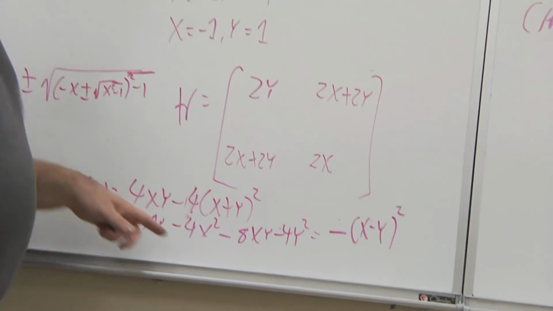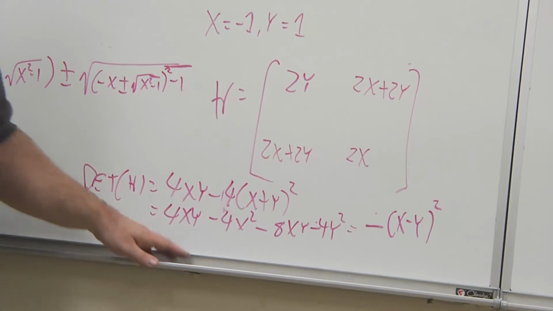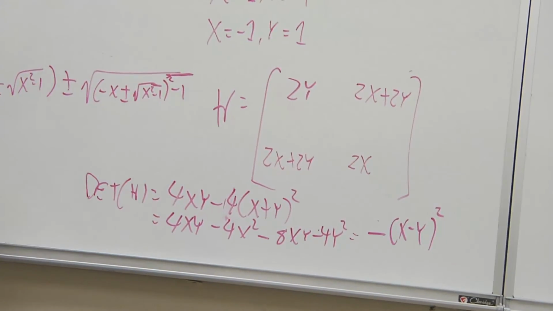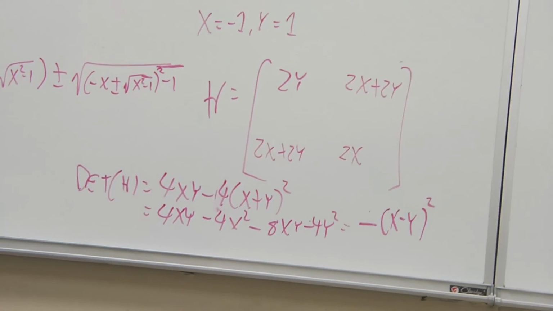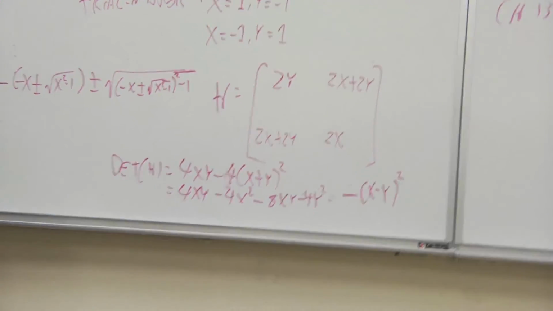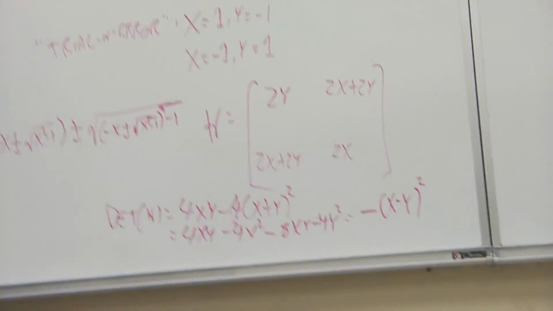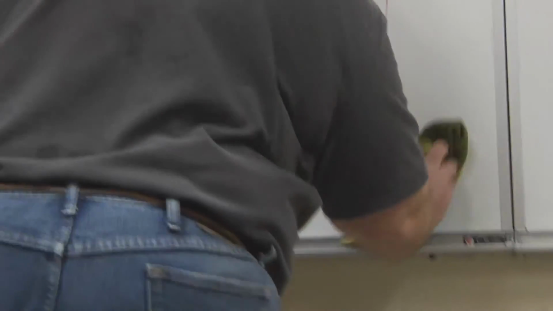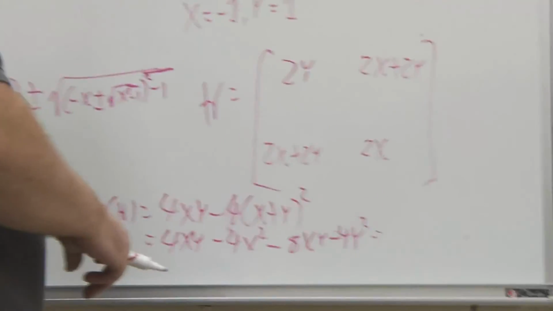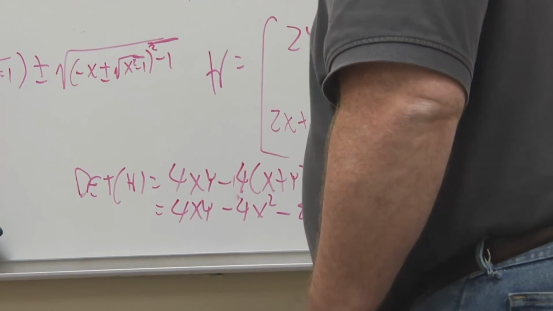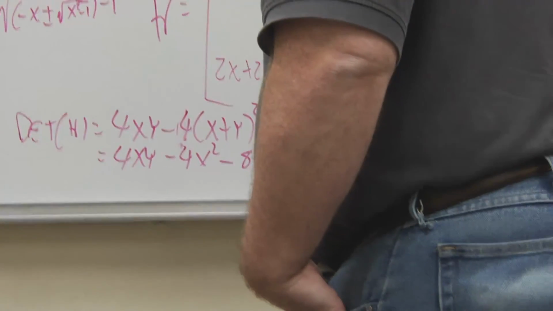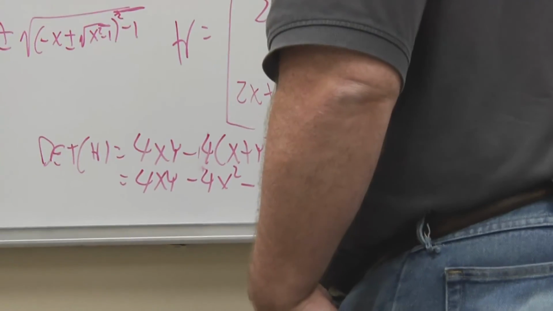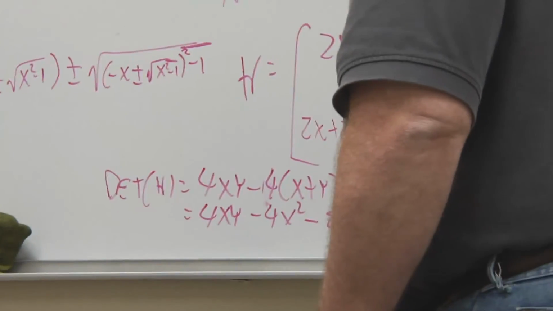Oh, wait a minute. No. Shoot, I thought it would work out more simply than that. Okay, fine. There is simplification; it's just not the simplification I wanted. So we're going to get minus 4 times x squared plus xy plus y squared.